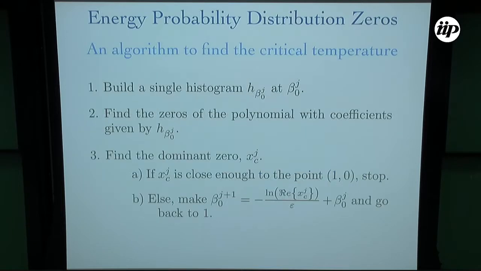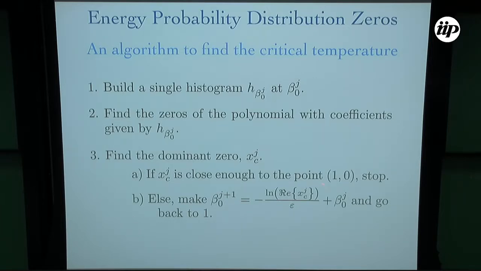So we are changing things a little bit, but we still keep valuable information here, as will be clear in a moment, okay? So the algorithm that we propose is that you have a system, you start with a temperature that you like, build the histogram at this temperature, then you cut this histogram taking the most relevant energy states for that temperature, okay? Find the zeros of this polynomial, and then you find the dominant 0, in general the 0 that approaches the real axis the most, okay?